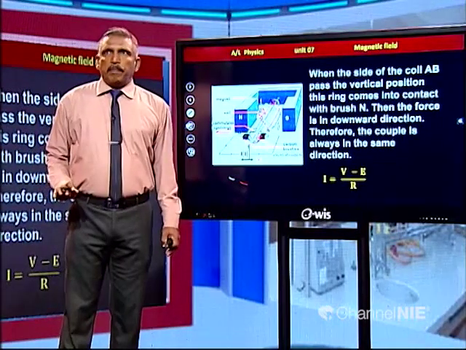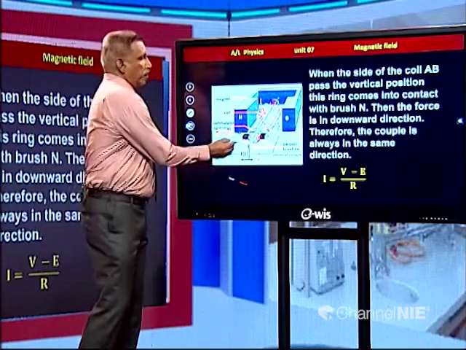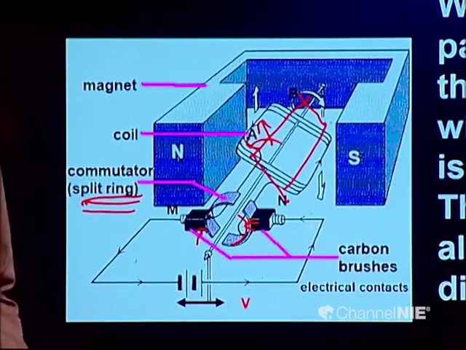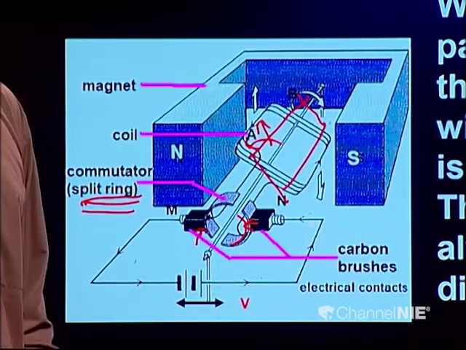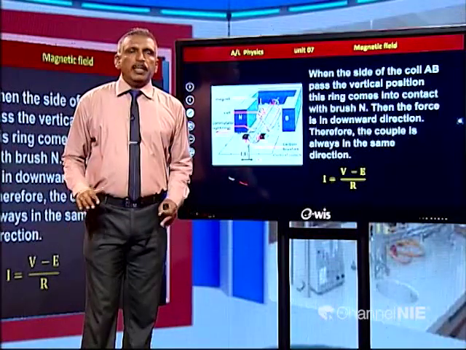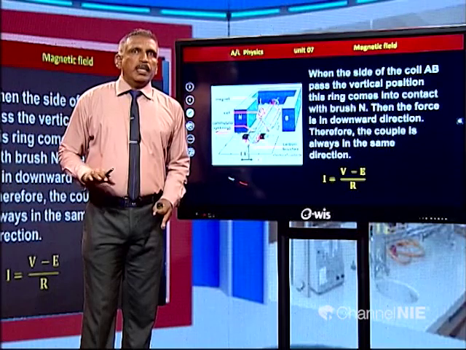Meantime, this other ring touches the brush M. So they change position. That's why the torque is always in the same direction, and the coil turns continuously in the same direction.